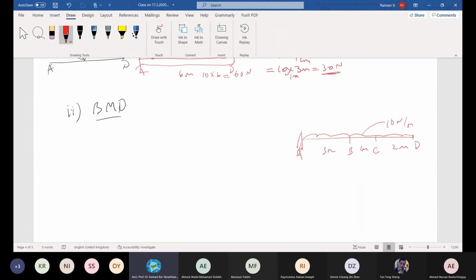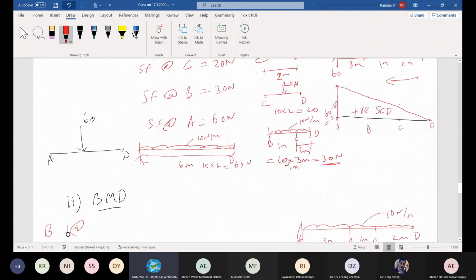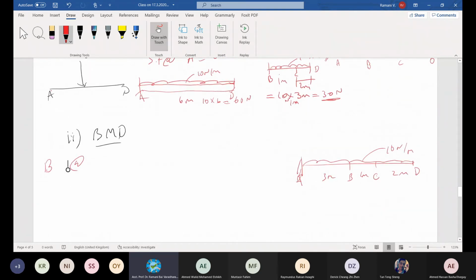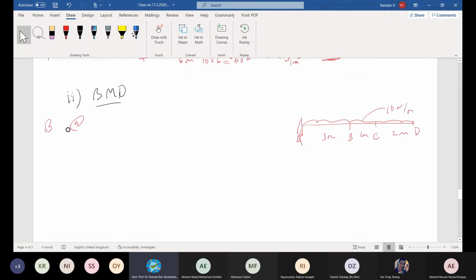Interesting one. Bending moment at D. Start with D. Bending moment at D is equal to how much?